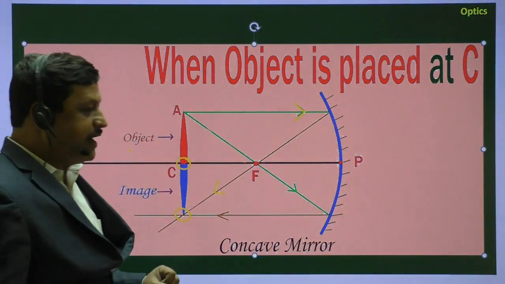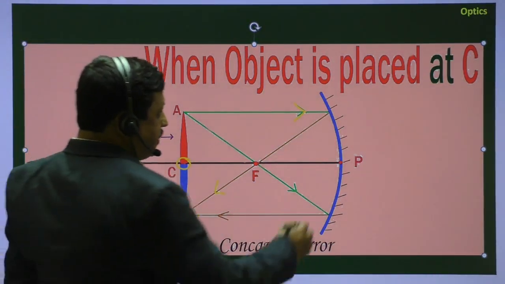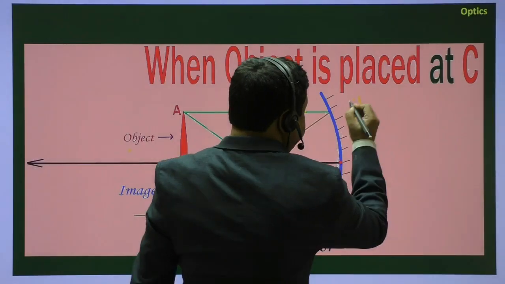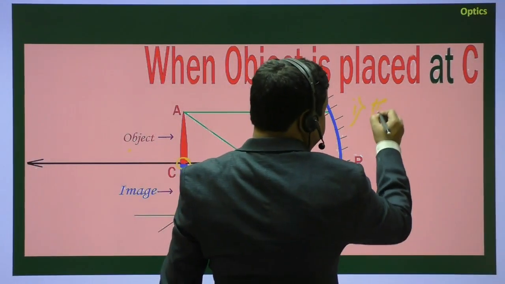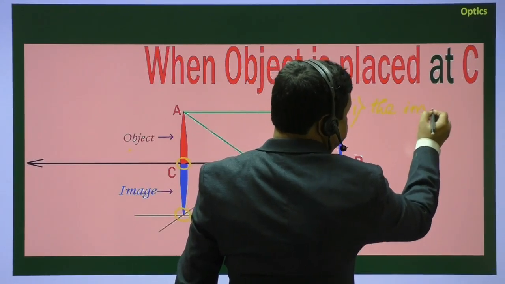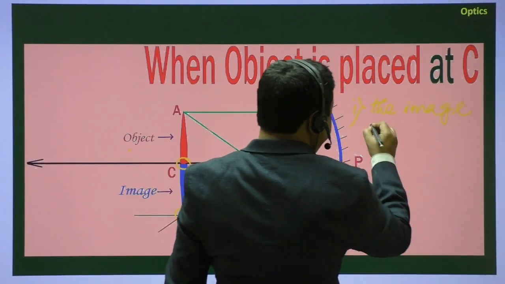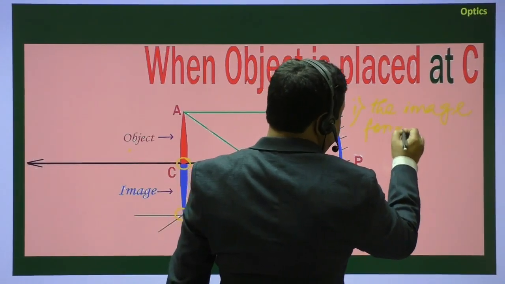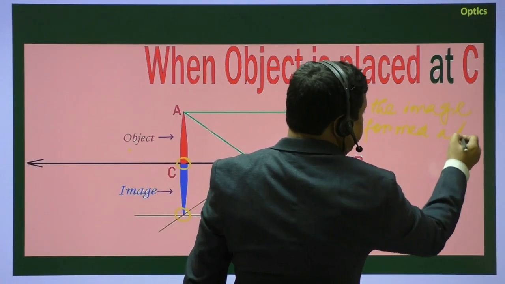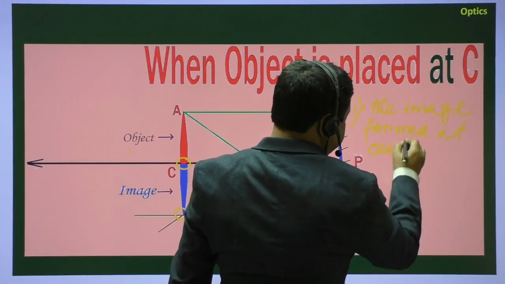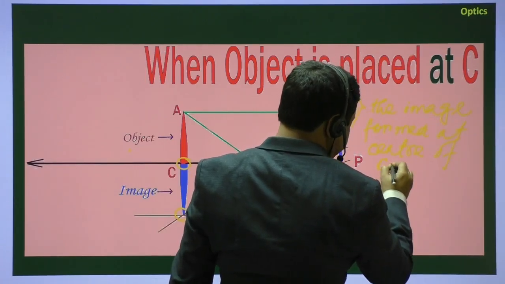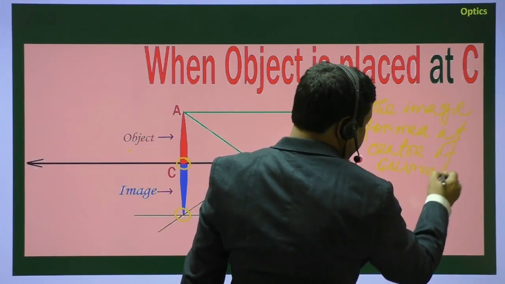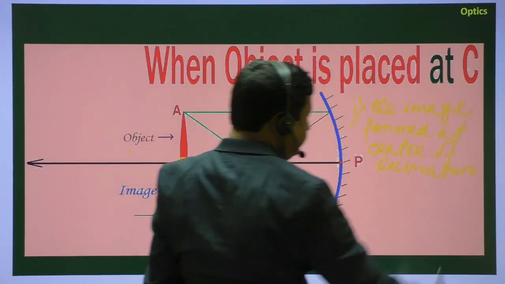So what are the characteristics of this image? First thing, the image is formed at the center of curvature.